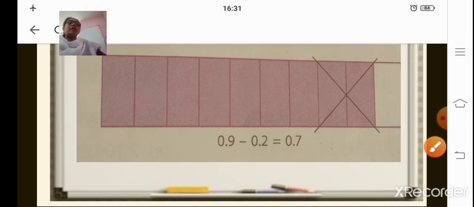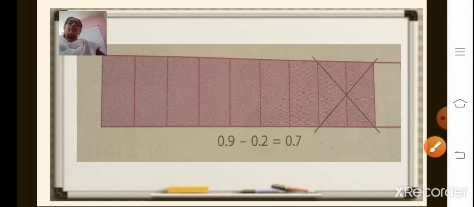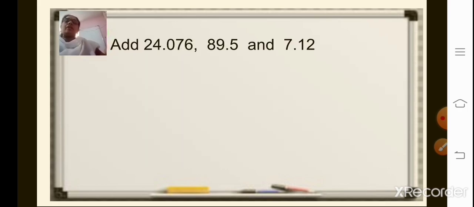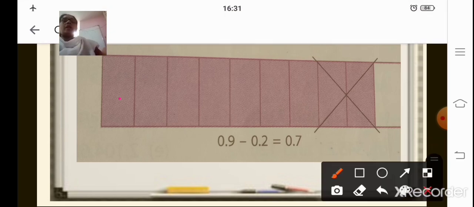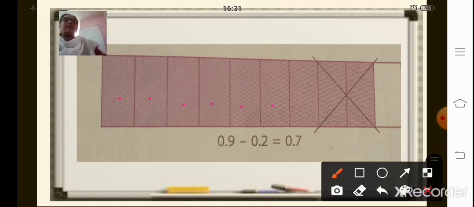Now in the same way, in this figure for subtraction, out of 10 equal parts, a total of 9 parts are colored. That is 1, 2, 3, 4, 5, 6, 7, 8 and 9. Now out of those 9 parts, 2 parts are cancelled, or we have to remove them. To take them out, we have to subtract.